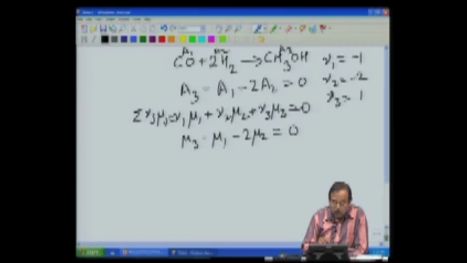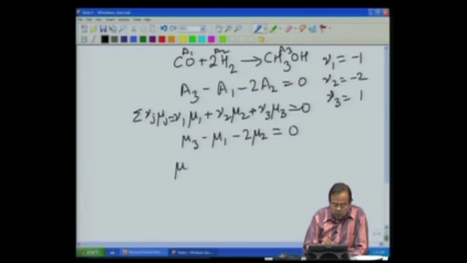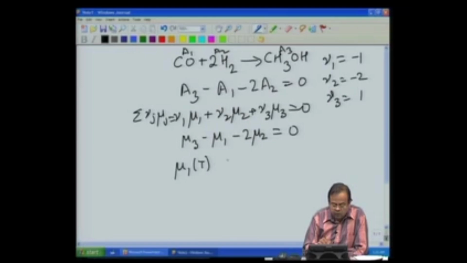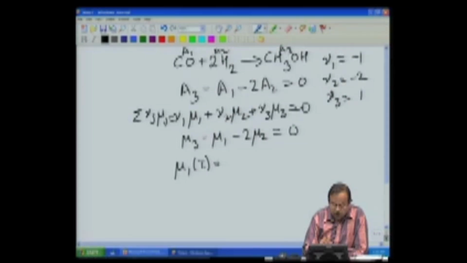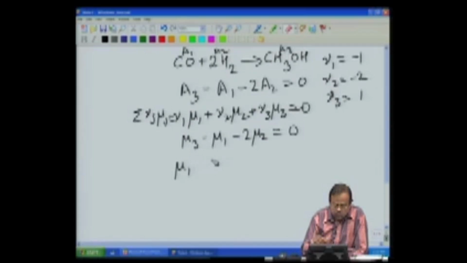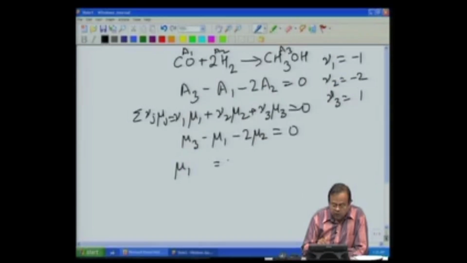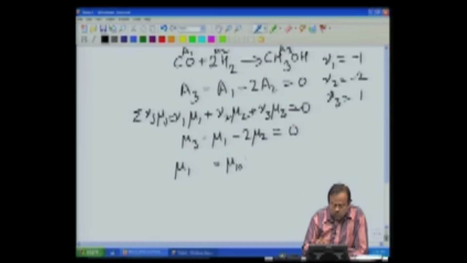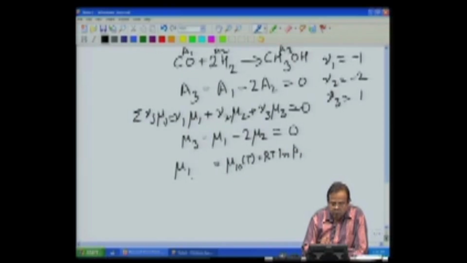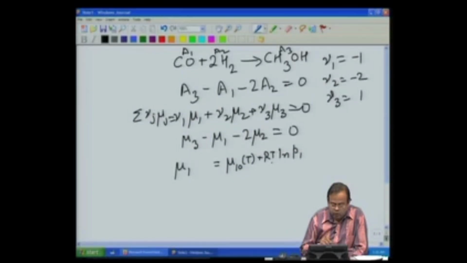Let's come to mu 1. What is my mu 1? I am going to use perfect gas mixture behavior. So, mu 1 as a function of temperature, pressure and all the other quantities is mu 1 0, which is a function of temperature, plus RT ln partial pressure of 1. So, that is my perfect gas mixture model. Similar quantities for mu 2 and mu 3.